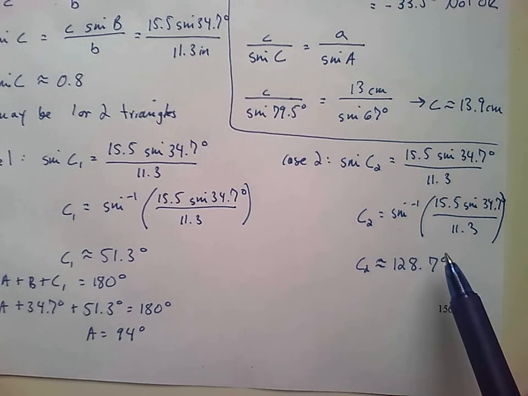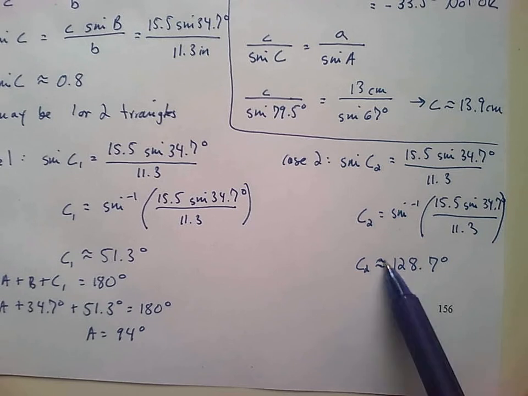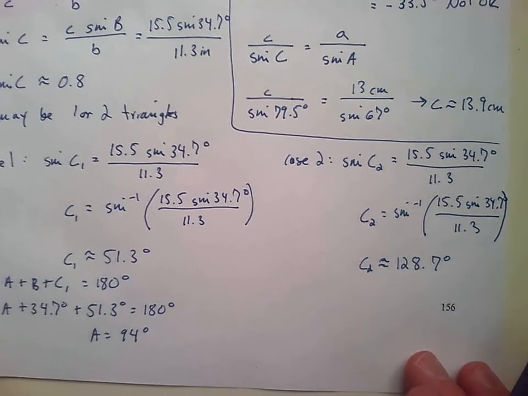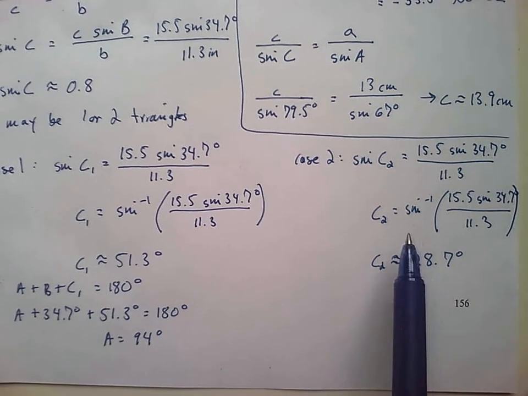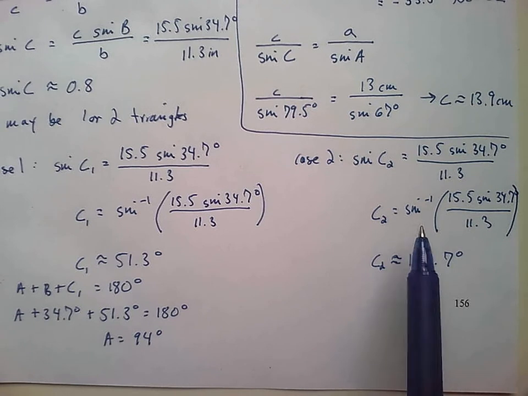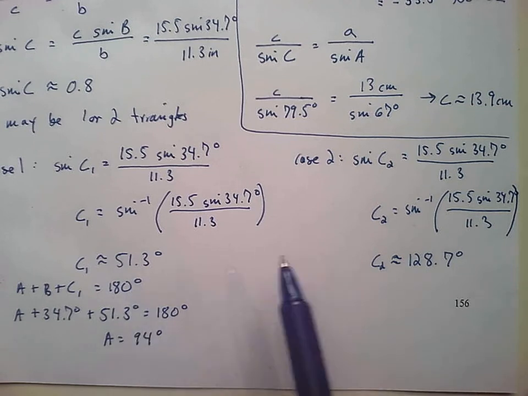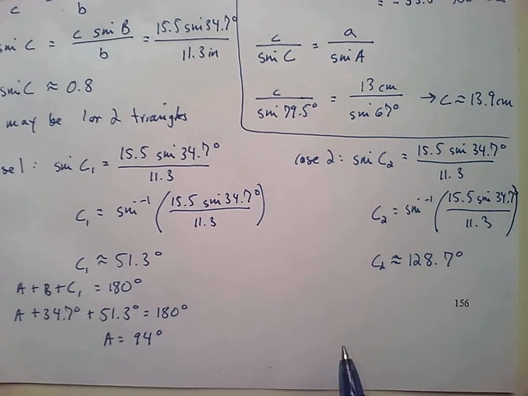And we know that we can have two possible solutions to this given the characteristics of the inverse sine. But again, the characteristics of the inverse sine were a previous section. So make sure that you're comfortable with the fact that we could have two possible solutions to the inverse sine here.